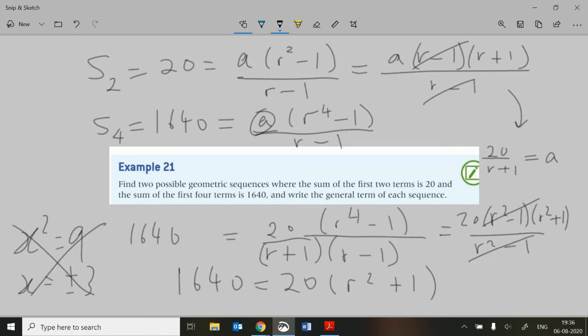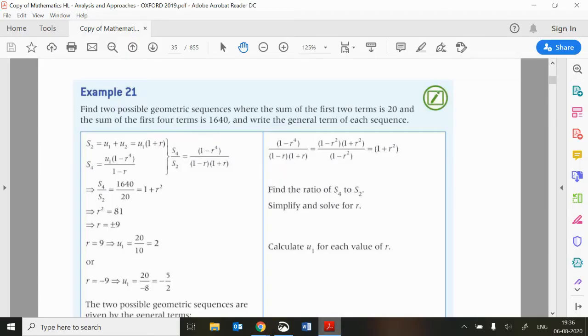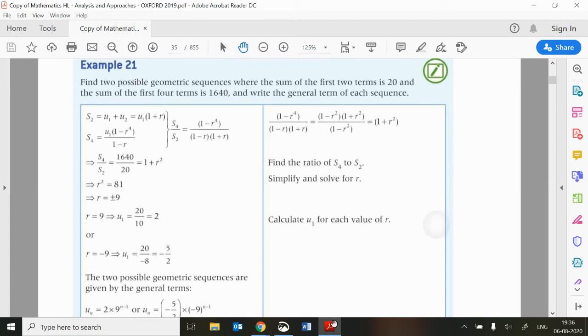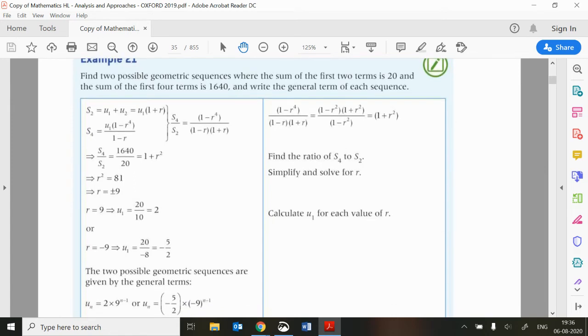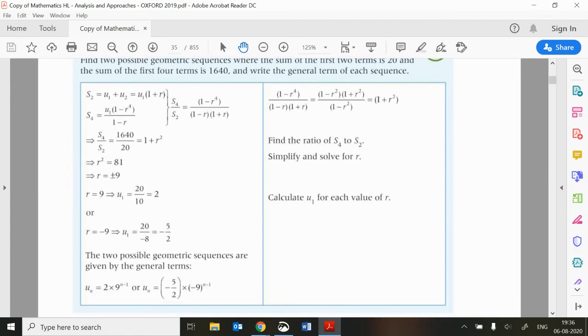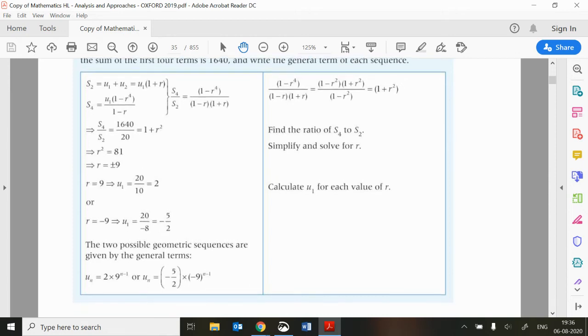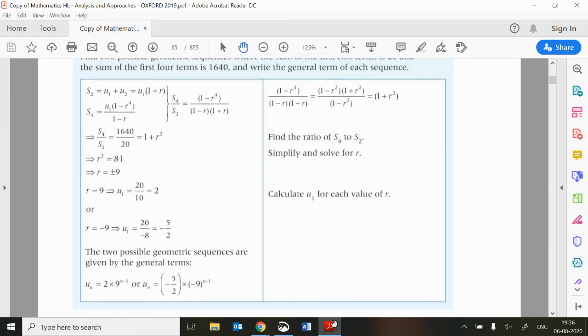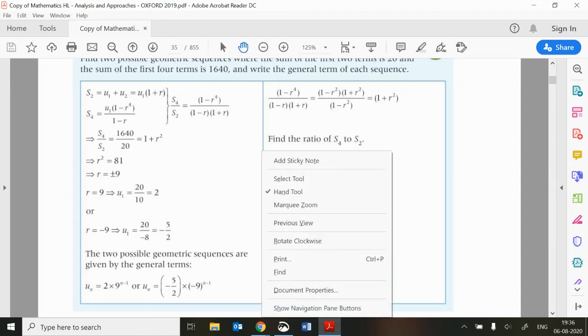Okay, then, because I'm running out of space, you can see I'm pretty much there, but let's have a look at what they do. Yeah, they seem to have recognized difference of two squares in both cases. Well, I was feeling kind of clever there, but it seems like they've done it in a very brief line as well. So they've got r is equal to plus or minus 9, and then of course you can go back to one of your original equations.